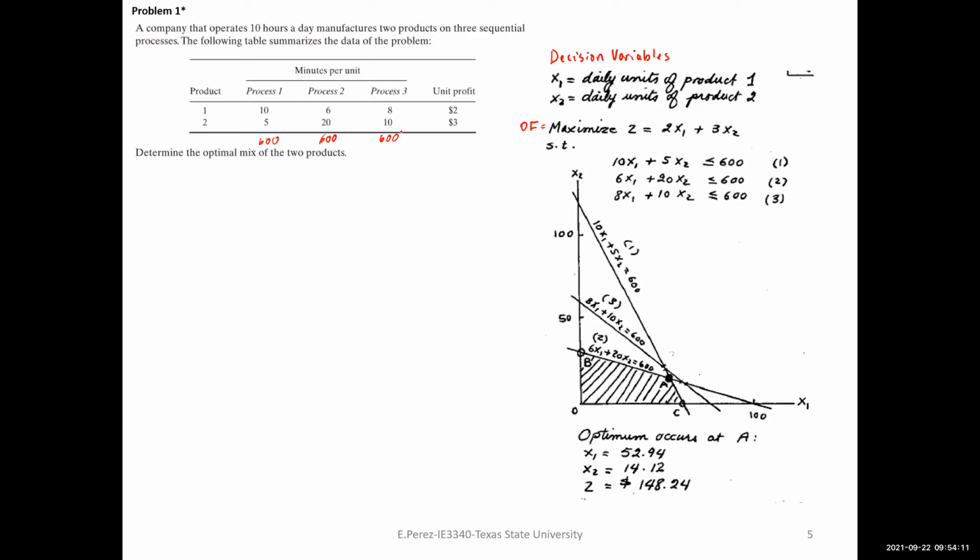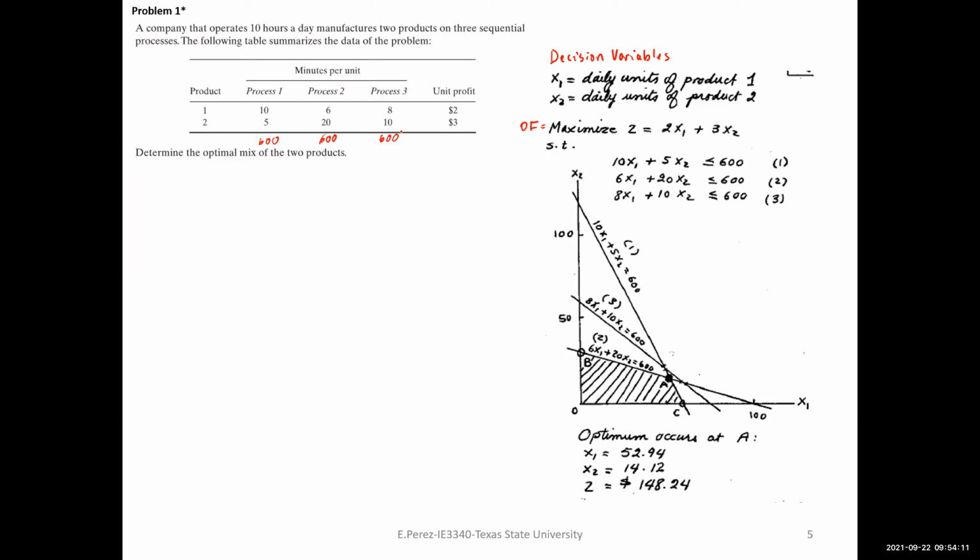What I typically do is I find a point in the feasible region. To find my first point, I choose a point in the feasible region. It could be any point in the feasible region. For example, I can choose 10, 10. I know 10, 10 is going to be there.